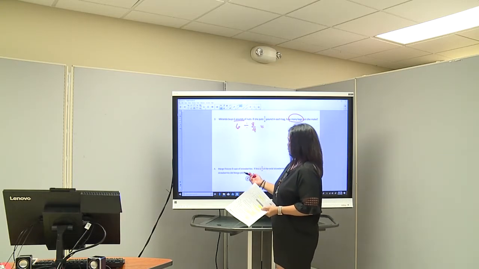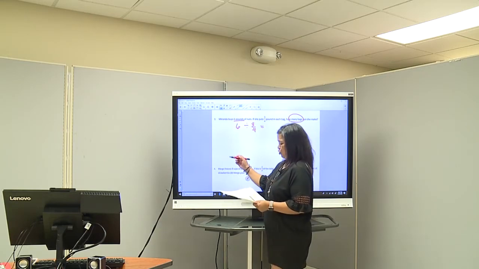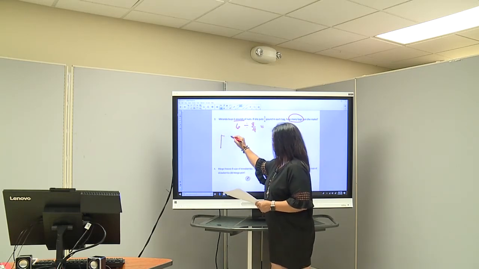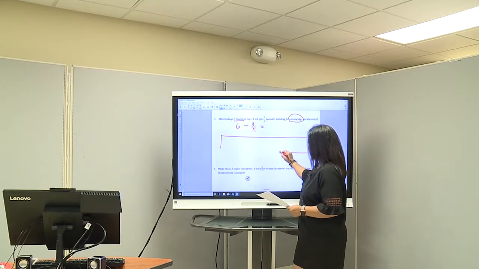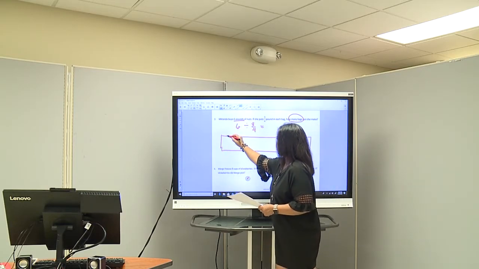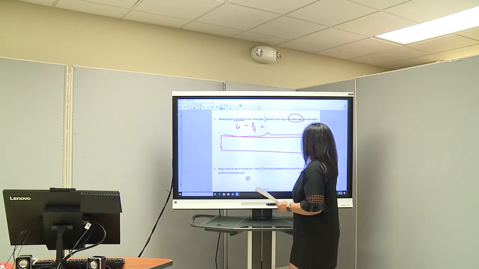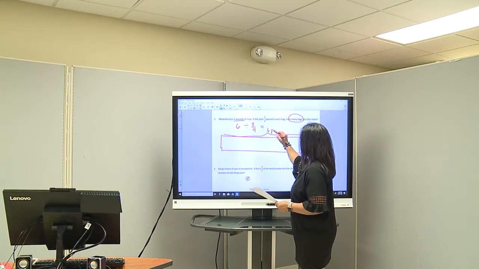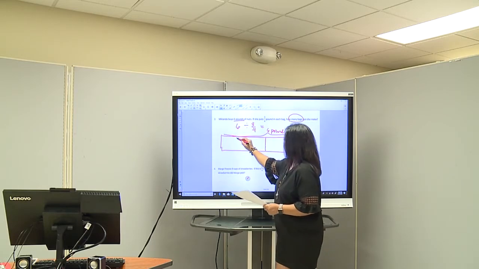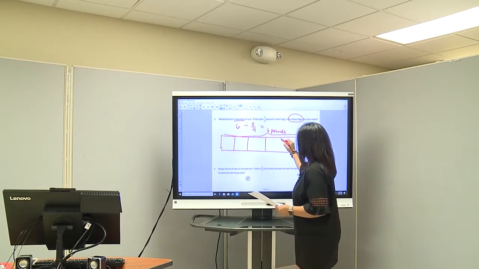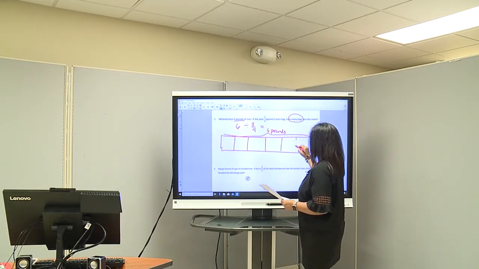So let's use a model to show, okay, and prove the answer. So I'm going to start with 6 pounds. Let me label this. This is 6 pounds of nuts. Here's 3 over here and 3 on the other side.